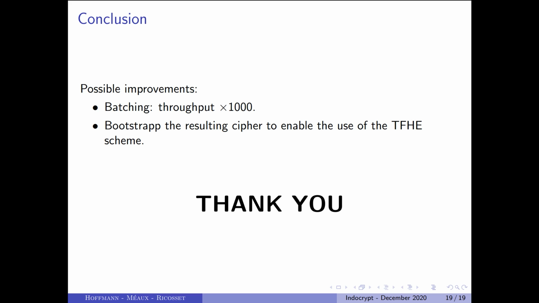Our homomorphic scheme could accept binary polynomials as messages. If we manage to do so, we would gain a factor 1,000 for the throughput, with the downsides I've talked about just earlier. Another improvement would be to be able to bootstrap the resulting ciphertext, because it would allow performing an unlimited number of operations on the data server-side.